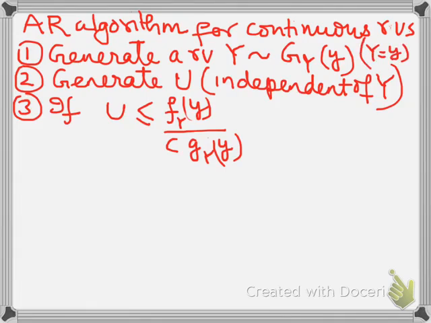Because what we are trying to do is generate from f, and we are trying to generate an X. If U is less than or equal to this ratio, f(x) evaluated at the y that you have generated, divided by c times g(y) evaluated at that y, then you set X equal to y.